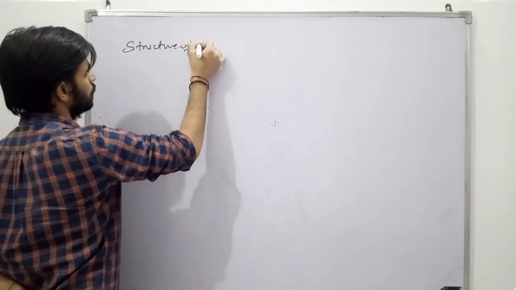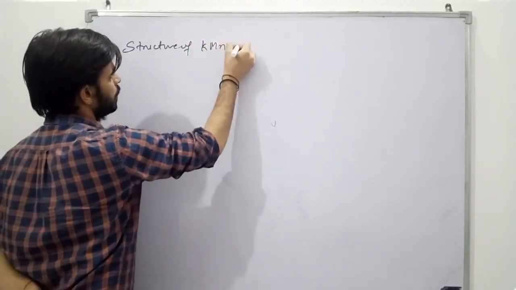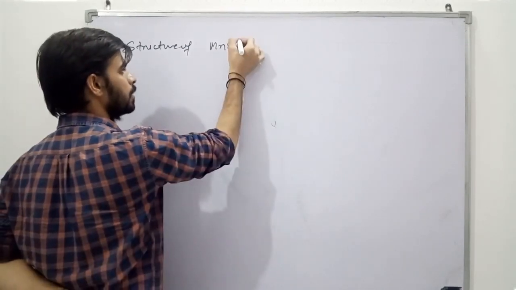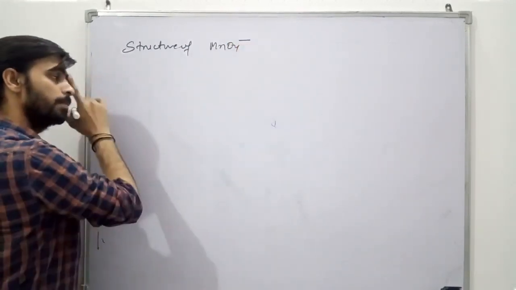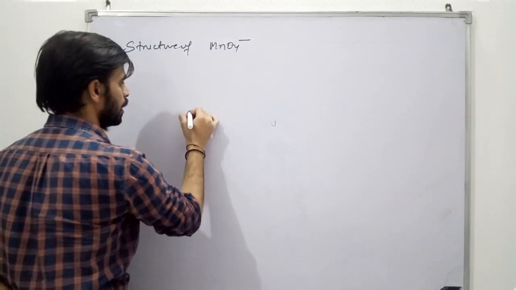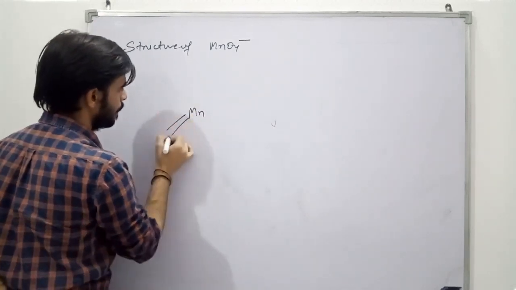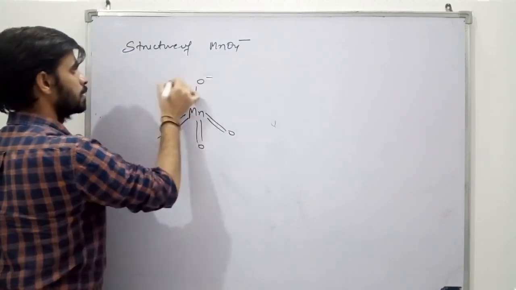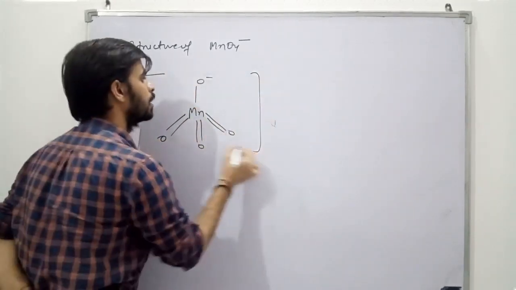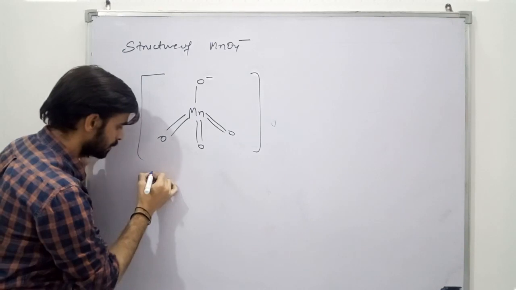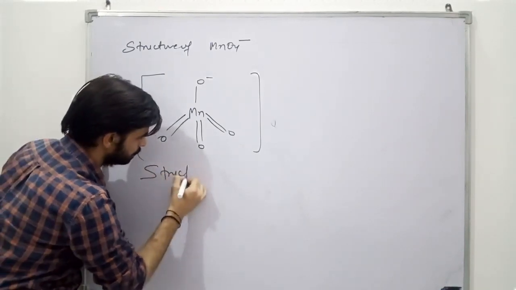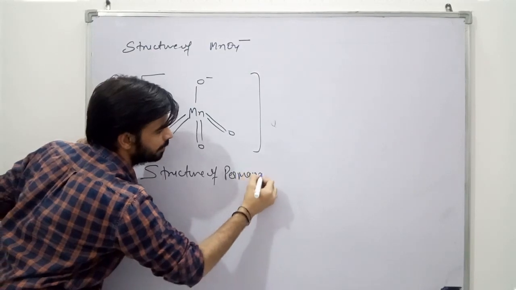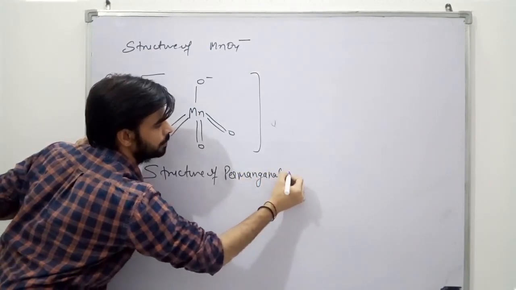Structure of potassium permanganate: actually we have to draw the structure of the permanganate ion. So Mn, this is the structure of the permanganate ion.